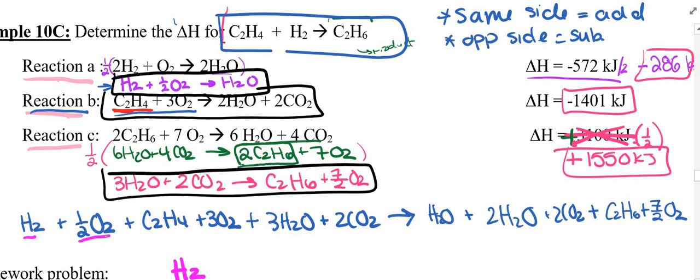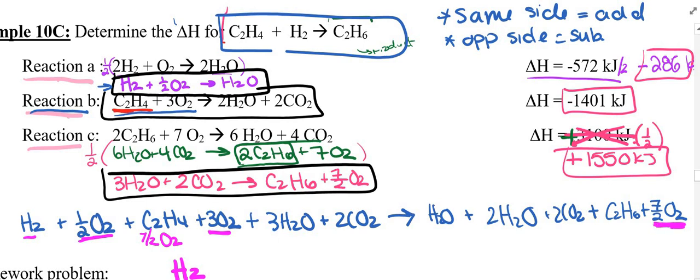Okay, now I have oxygen. All right, there are quite a few oxygens here, so I need to organize this. So these 2 oxygens are on the same side, so I'm going to add those together. I'm going to keep them as a fraction just to make it easier. So 3 plus 1/2 is going to equal 7/2 of oxygen. Okay, and over here we have 7/2 of oxygen.